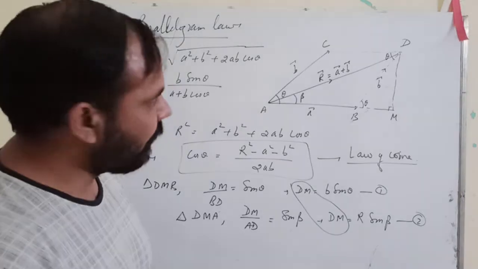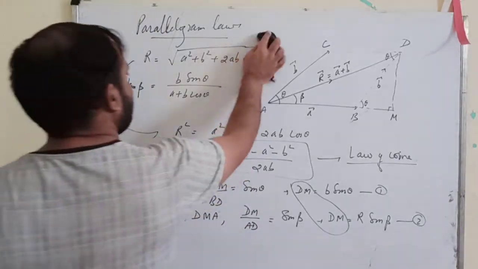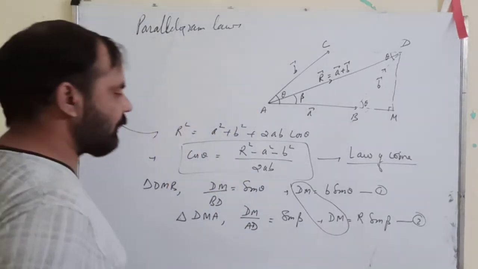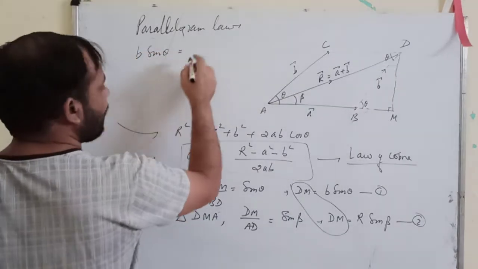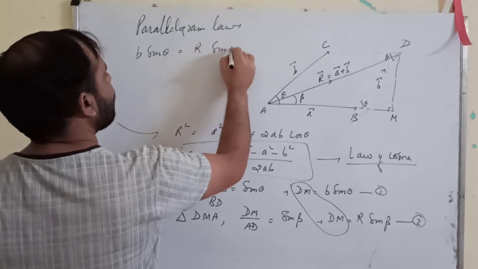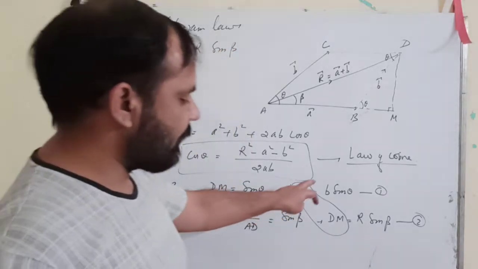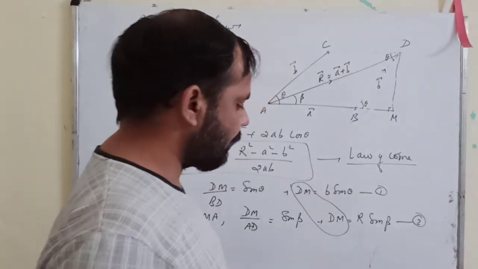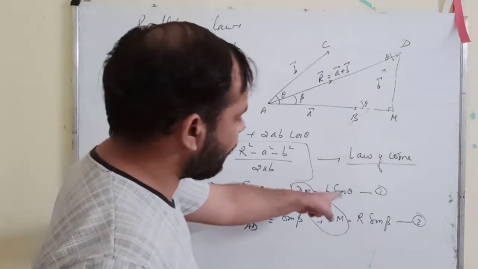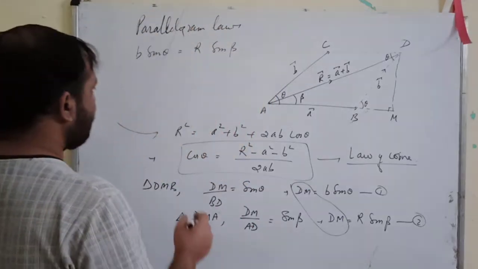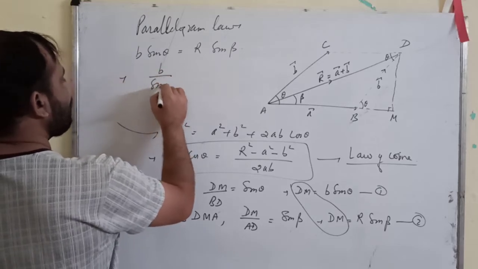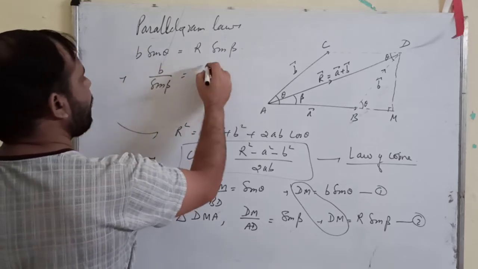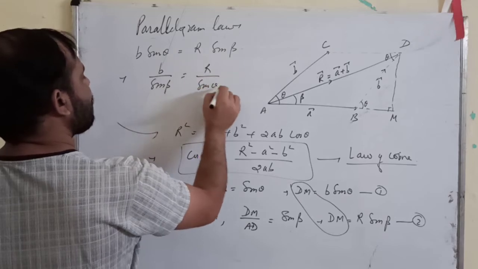So can you say that B sin theta is equal to R sin beta? So B upon sin beta, dividing there, is R upon sin theta.